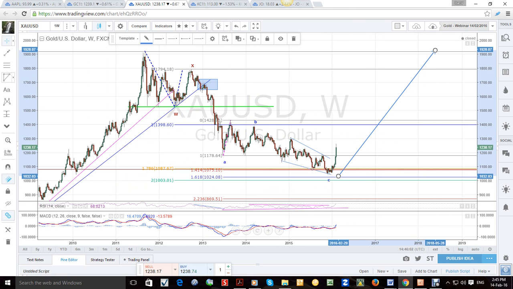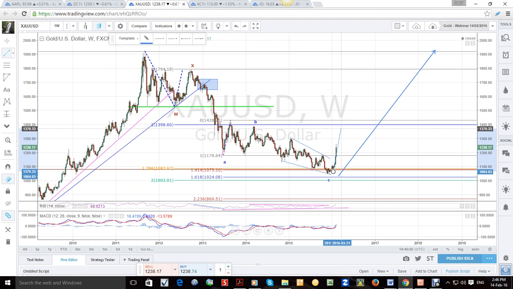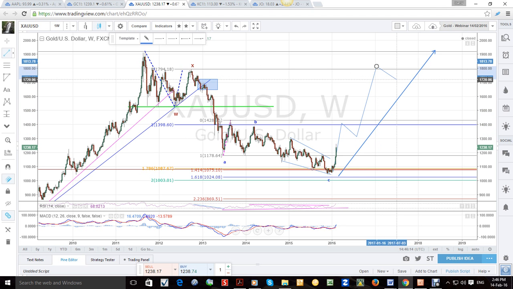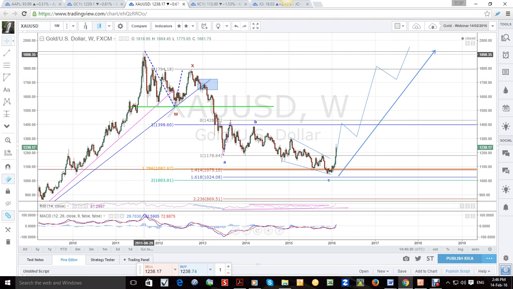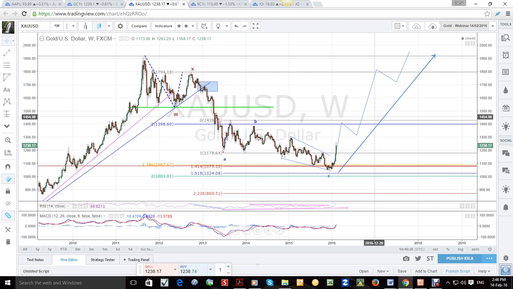But in doing that, it would have to follow a 5-wave swing to the upside. So it will have to do something like wave 1, a small retracement, maybe wave 3, another retracement, and possibly final wave 5. That's what I'm looking for, 5-wave to the upside, either to retest that high or make a new higher high, maybe around 2000 as a round figure, or maybe slightly north of that.